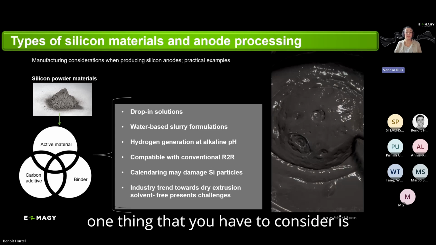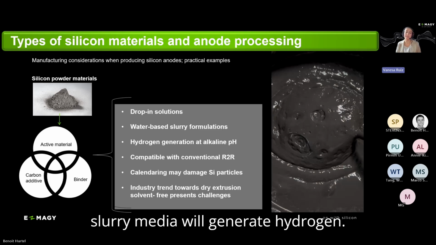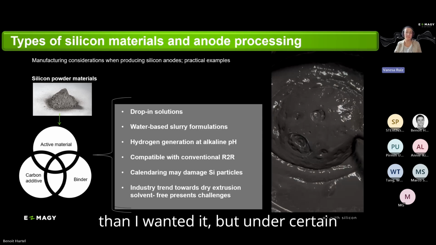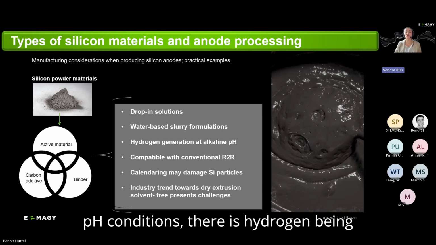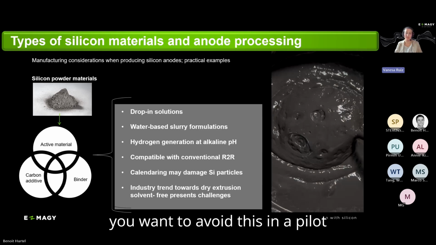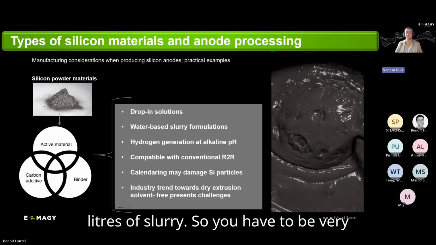But of course, one thing that you have to consider is that silicon under certain pH in the slurry media will generate hydrogen. Under certain pH conditions, there is hydrogen being generated in the slurry, and certainly you want to avoid this in a pilot line when you are producing liters and liters of slurry.